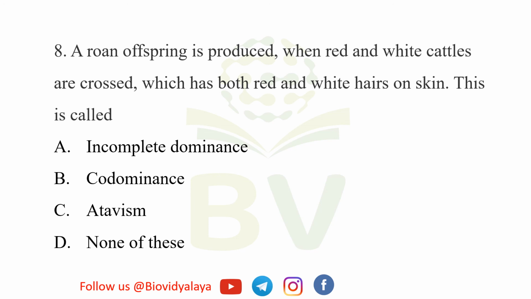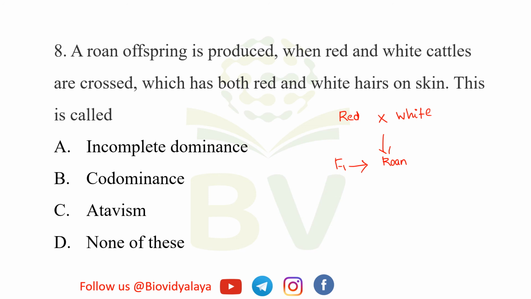Here it is given that when red and white cattle are crossed, red cattle has red hairs and white cattle has white hairs. When red and white cattle are crossed, a roan offspring is produced. This roan offspring has both red and white hairs on skin.